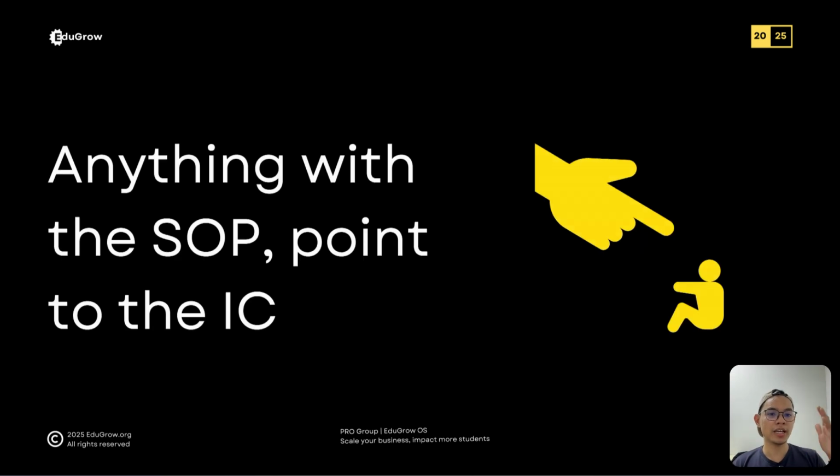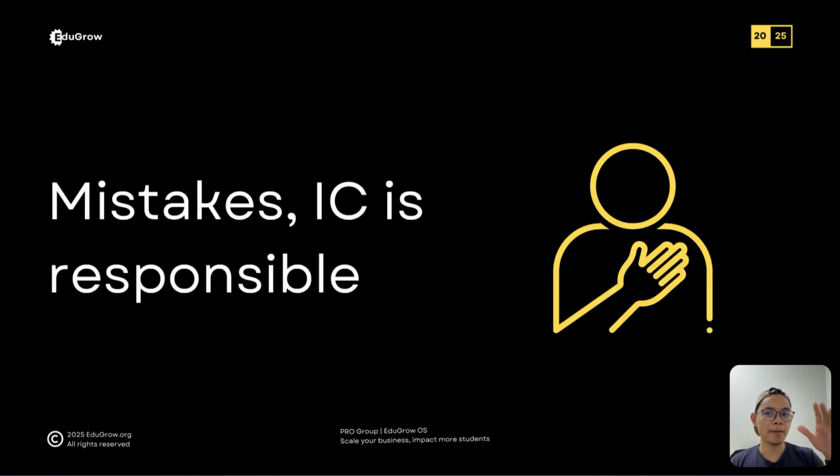So anything to do with the SOP, whether there are certain things that they missed out, which is very normal, because we are humans, and when a situation comes in, you just update the SOP. The thing is that this SOP, you need to point it to the IC, the person in charge. So the admin is in charge of this SOP. If there's anything wrong, they have the responsibility to take it and also update the SOP.